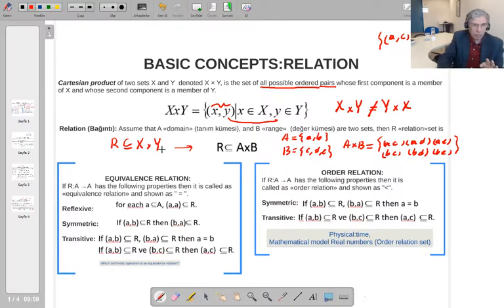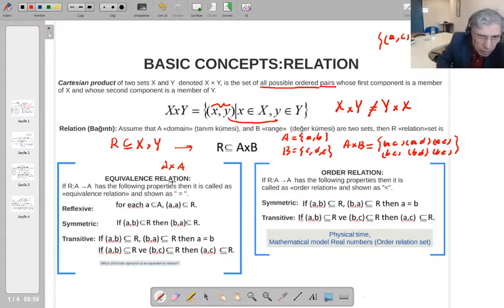In here x and y are different sets. Now we are saying the relation is defined on the same set Cartesian product, a subset of this Cartesian product. If it has these three properties, then it is called an equivalence relation.